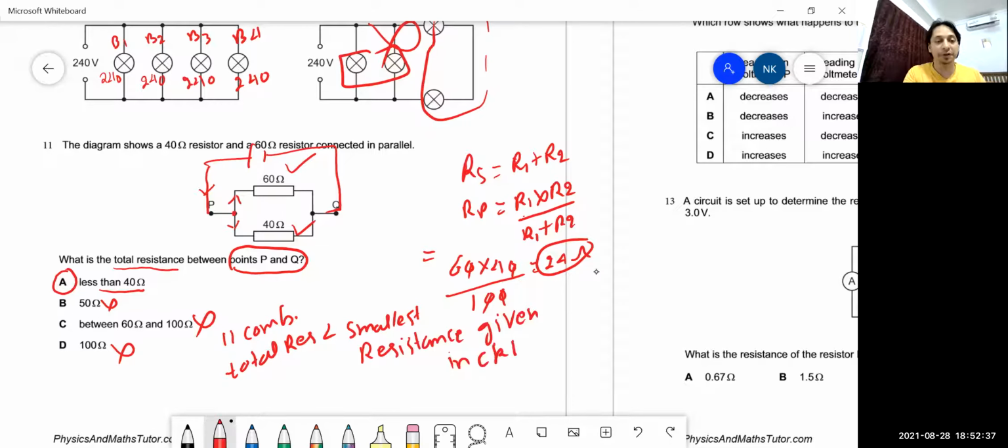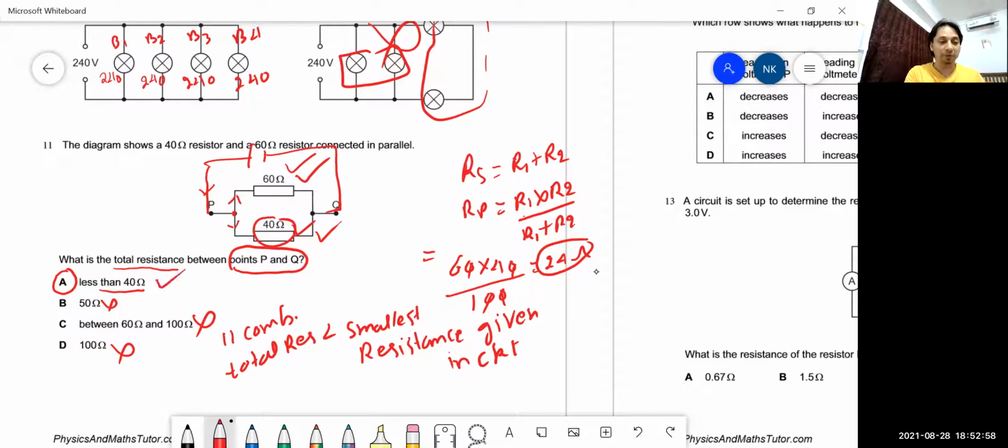So out of 60 and 40, which one is the lowest value? 40. So every time you find such questions, your answer will be that the total resistance in parallel will be lesser than the smallest resistance available in the circuit diagram. So here your answer will be less than 40.